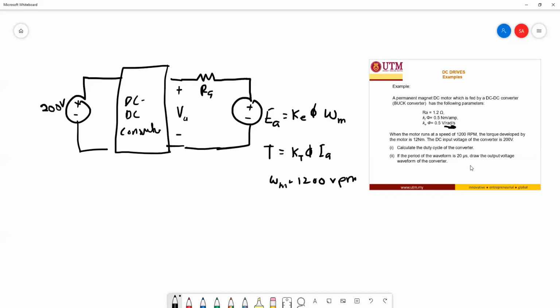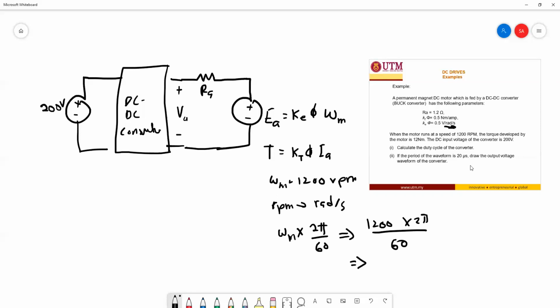So what you need to do is to convert RPM into radian per second. To convert into radian per second, you need to multiply the speed with 2 pi over 60. So this one, 1,200 multiplied with 2 pi over 60.